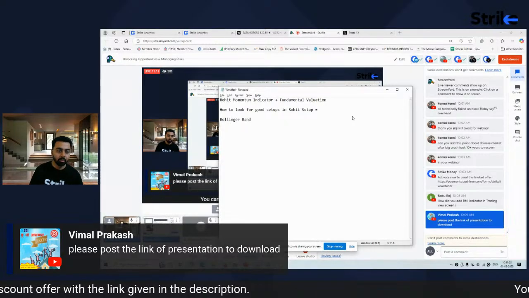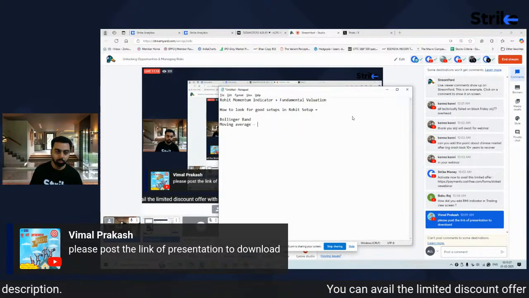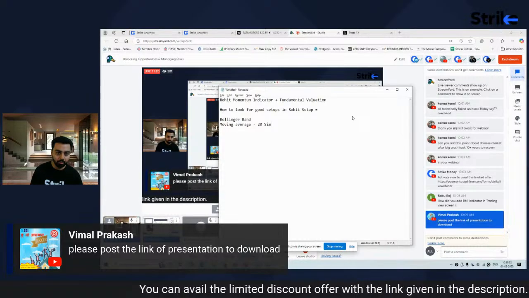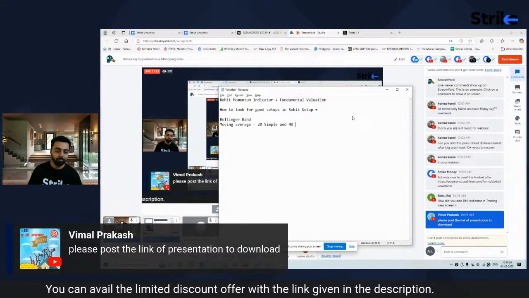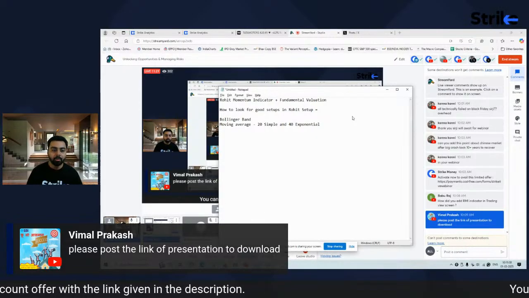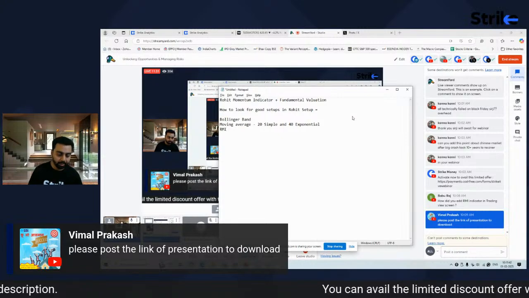Okay, in terms of moving average, we look at 20 simple and 40 exponential. Okay. The third thing that we follow is nothing but the RMI indicator.